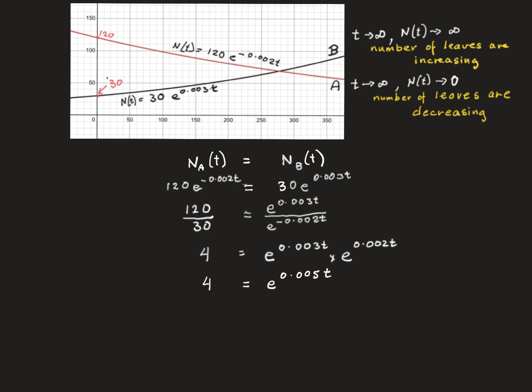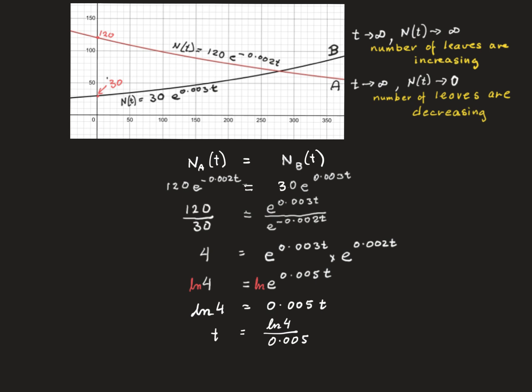And as I want the t, which is in the exponent, I'm going to take ln of both sides to help me get that t, because ln e will now cancel, and t is going to be ln 4 over 0.005.